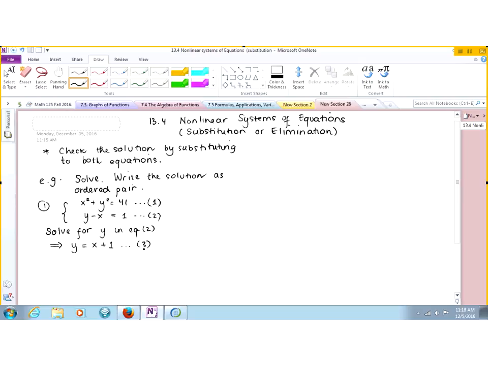So regular substitution. Have you seen this before? Sort of, right? Okay, and then what do you do? Substitute y equals x plus 1 into equation 1. When we substitute, we have x squared plus (x plus 1) squared is 41.